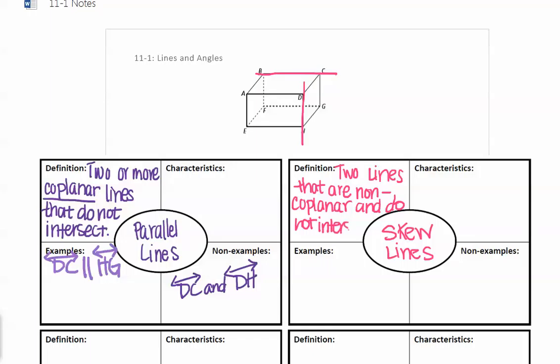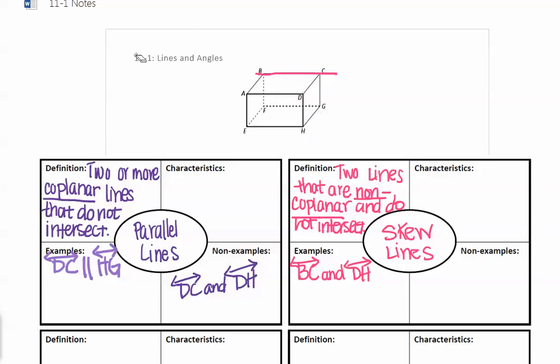So the thing that parallel lines and skew lines have in common is that they don't intersect with each other. But what makes them different is that one of them has to be coplanar, while the other ones are not on the same plane. So in this example we can put the example BC and DH.